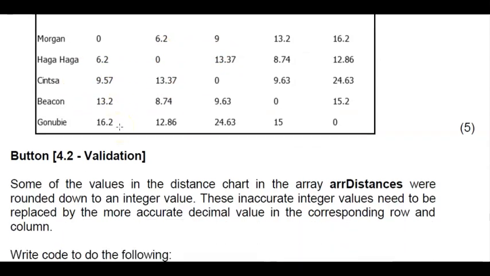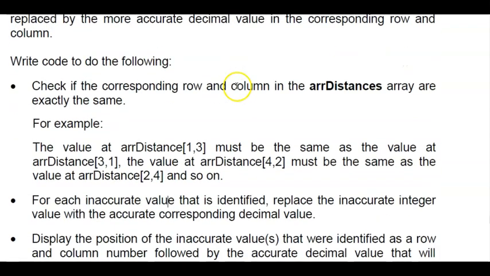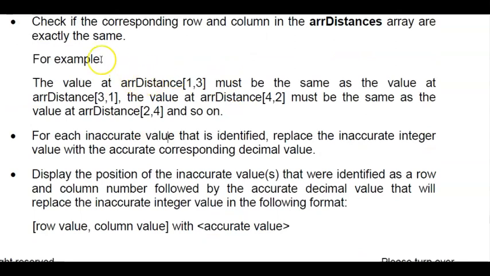So let's quickly have a look at the wording. Some of the values were correct, some incorrect, and the values were rounded down. The inaccurate integer values needed to be replaced by the more accurate decimal values. Write code to do the following. Check if the corresponding row and column in the array distance are exactly the same, as I showed you in the picture just now. For example, the value of array distance 1 and 3 and 3 and 1 must be the same, and 4 and 2 and 2 and 4 must be the same.